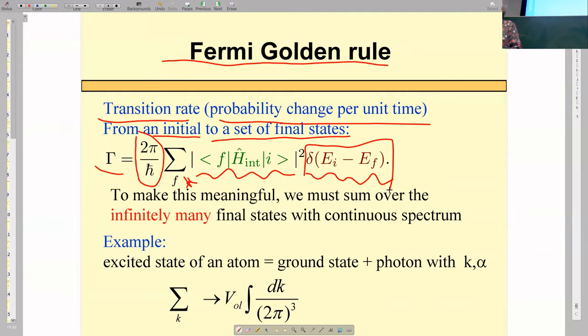Let's see about it. So there is some initial state. And let me put here the energy axis. Let me put here the spectrum of final states.